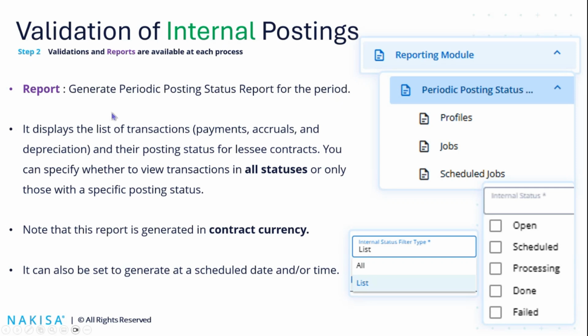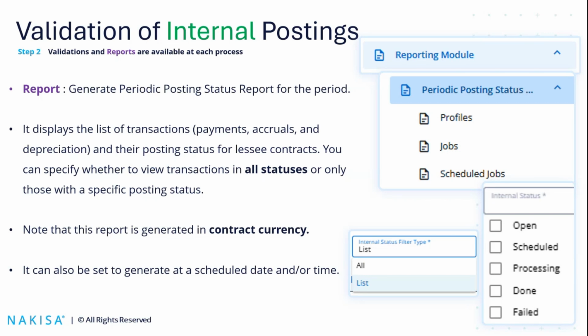Once you have made your internal posting using our batch operation or doing them individually on the UI, and they have been successfully completed for all the activation groups, you can then validate internal postings a step further, just to make sure that everything is posted.